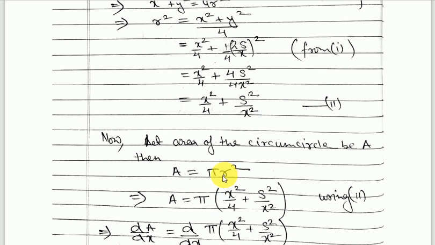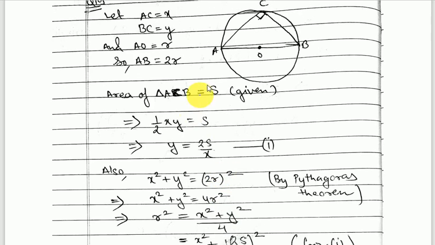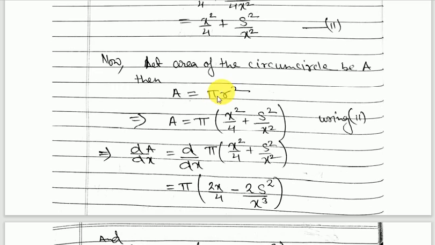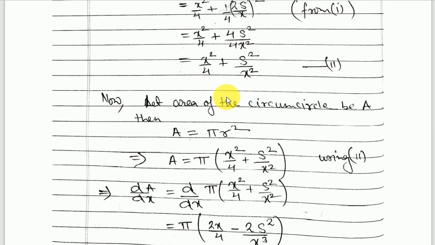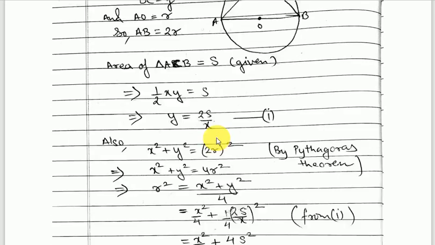But here we have been told that the area of this triangle is fixed, that is S, so I have to make use of this when writing the expression for the area of the circle. Since the area of the circle is pi r square, I am supposed to write r in terms of either x or y.